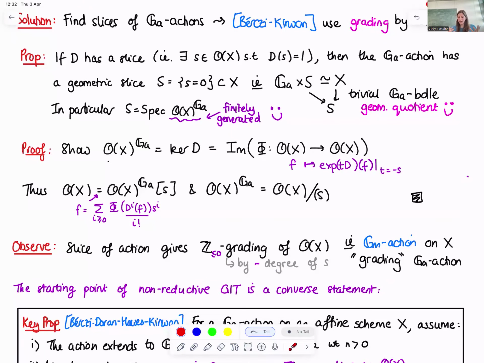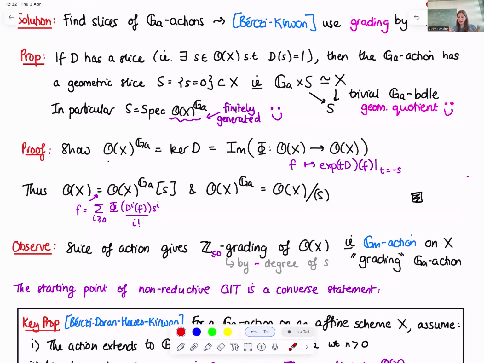And you also ask that for this G_m action, the flow down as t goes to 0 inside G_m always exists. So what this actually means is if you consider the grading on the coordinate ring of X, then it's concentrated in degrees less than or equal to 0, because the weights on the actual variety X have to be greater than or equal to 0 for this limit to exist.